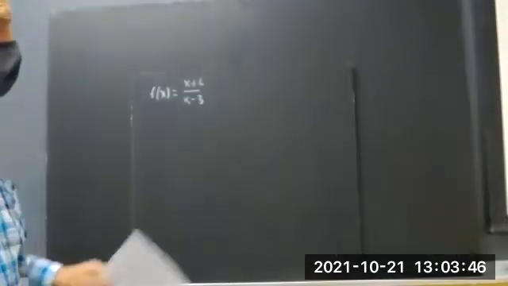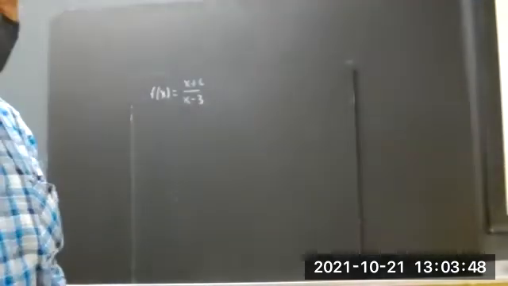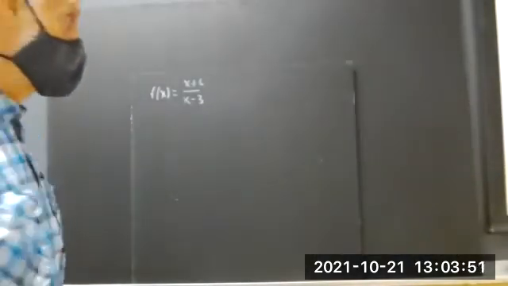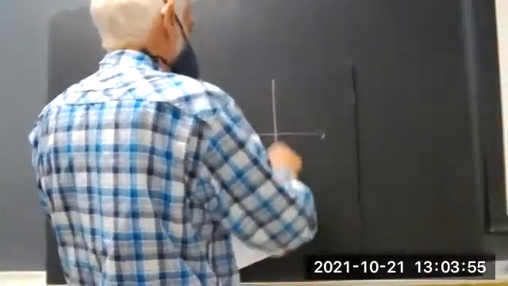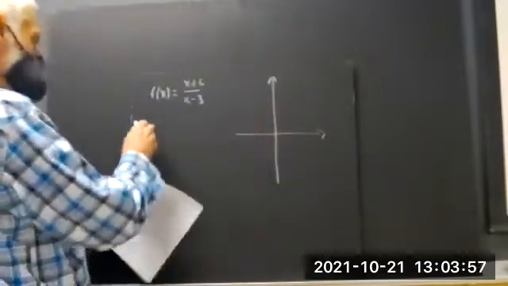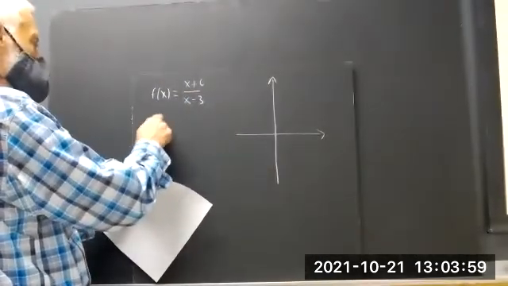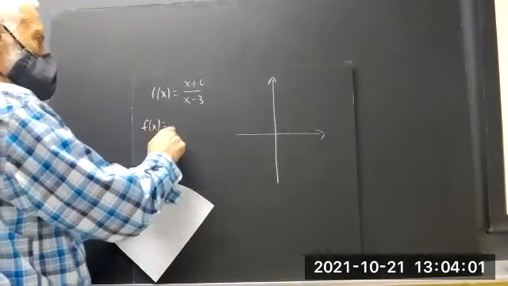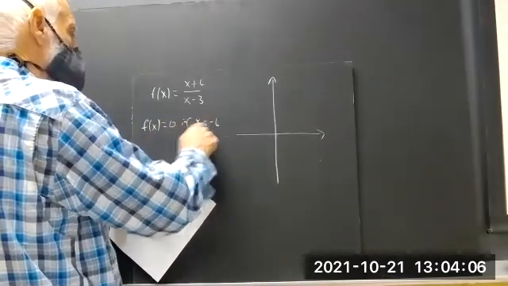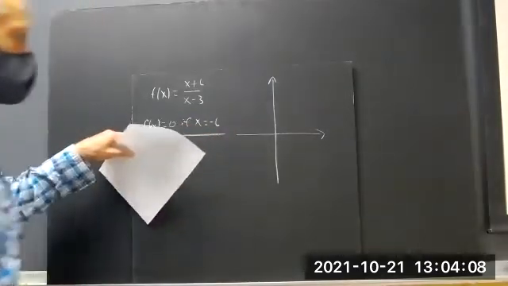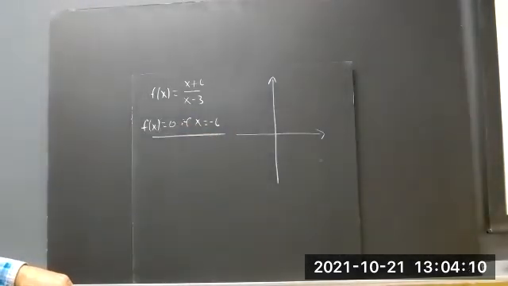We have a function f of x equals x plus 6 over x minus 3. How do we construct the graph? So x equals 0, x equals negative 6.